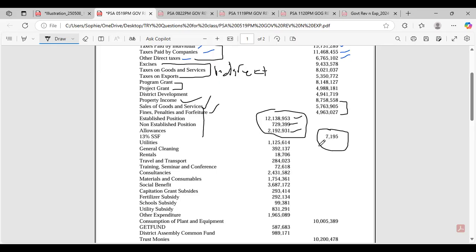If we check the position, when you go and check the items under compensation, 13% SSF is part. But look at the position. The examiner just wants to confuse students. Somebody knows that 13% SSF is part of compensation, but it is showing at the credit side, which means it is a liability.